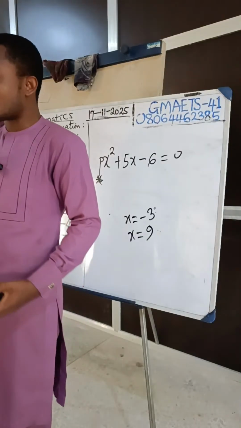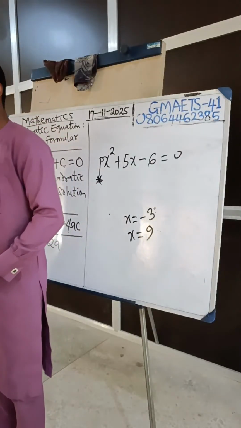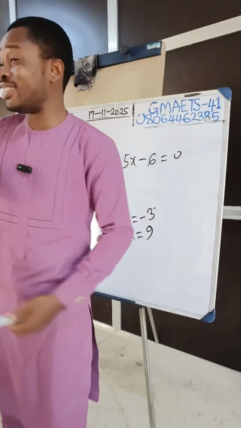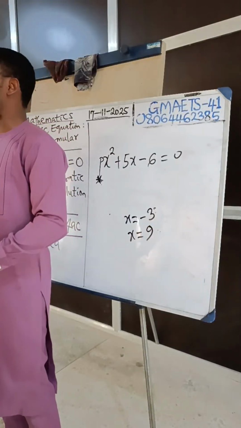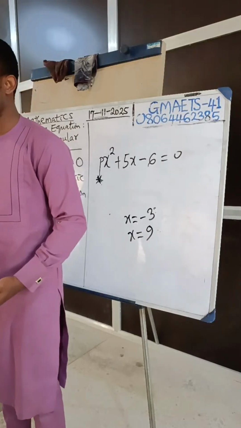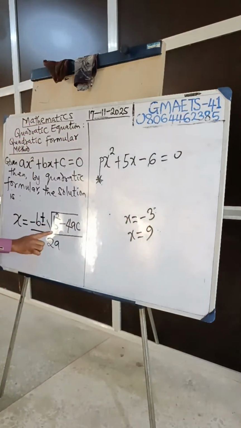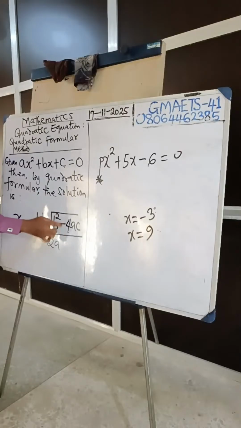That one is beyond your scope for now, except in further maths, which we are still going to treat as we move on. But in general maths, we don't talk about that one. The answers of the unknown there are imaginary numbers. It happens if this part of the equation, b squared minus 4ac, when you fix your values and simplify, gives a negative inside.